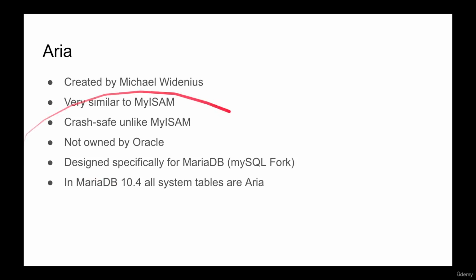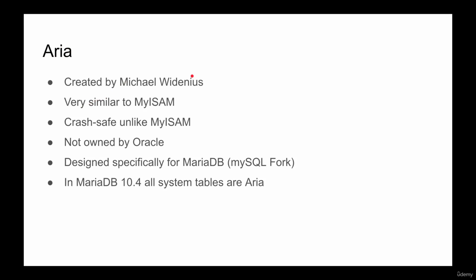The moment Oracle bought, not bought, but just owned Sun, which owned the open source, you would say that's open source, but it's influenced by Oracle. So he said, screw it, I'm going to create my own version of MyISAM, a database engine. I'm going to call it Aria.